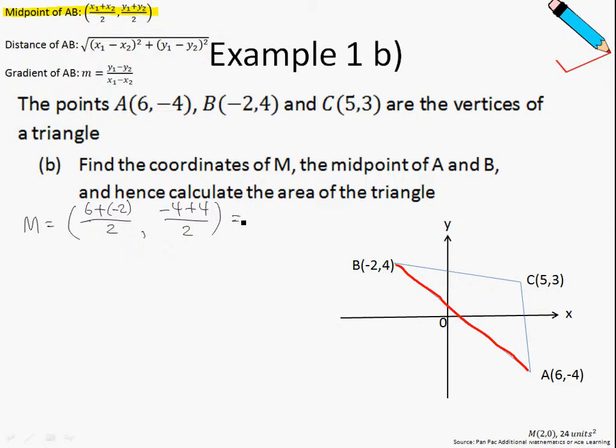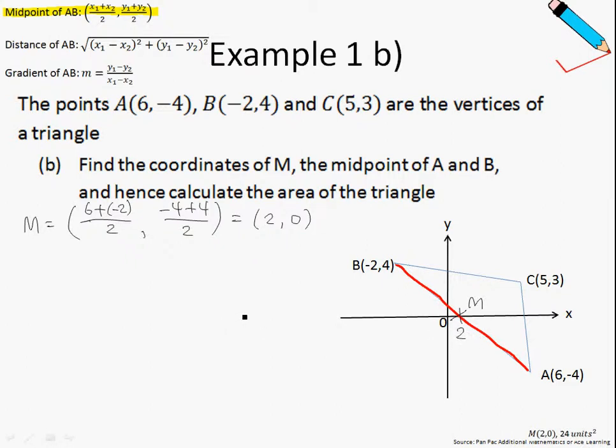Working this out with the help of a calculator, I will arrive at 2, 0. So M is a point along the x-axis, and M should be right over here. The coordinates of M are 2, 0.